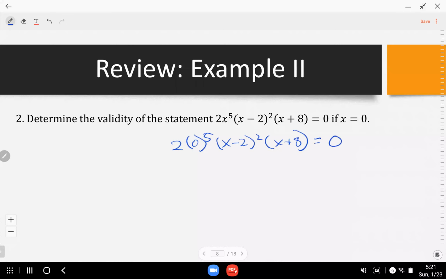So if we just have a 0 here and everything is multiplied by it, then everything is going to be equal to 0, right? So this is true. When you see problems like this, make sure you look through the problem first, because you might not see obvious, very efficient solutions, and you actually go through the whole thing and solve everything, but it's not going to be very efficient.